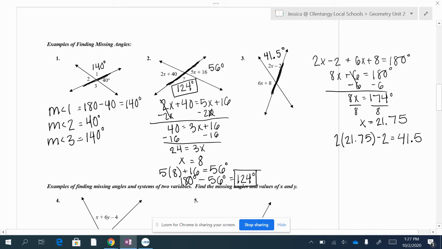And then the same thing with the 6x plus 8. So 6 times 21.75 plus 8 will equal 138.5. So this angle is 138.5 degrees. And we can also check that because 138.5 plus 41.5 does equal 180 degrees.